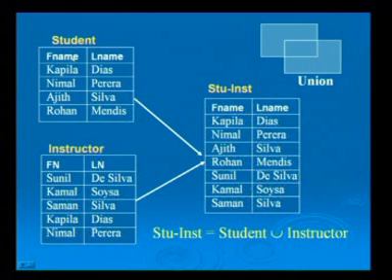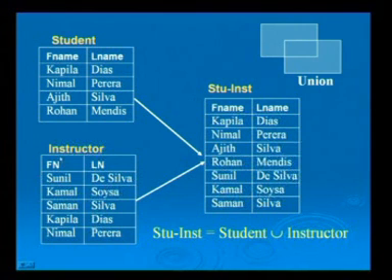As we can see, first name is a set of characters or a string, and here also first name is again a set of characters or a string, and it is the same with the last name. So they are union compatible because they are of the same degree and they have the same domain. When you perform this union operation, student union instructor, it will concatenate the rows of student with rows from instructor.